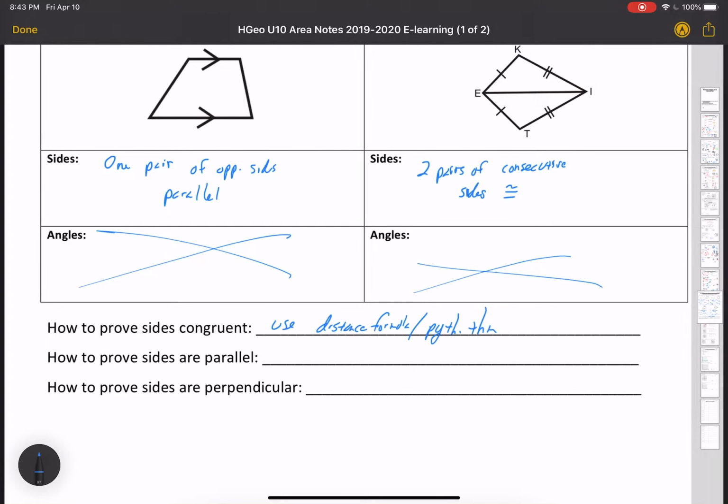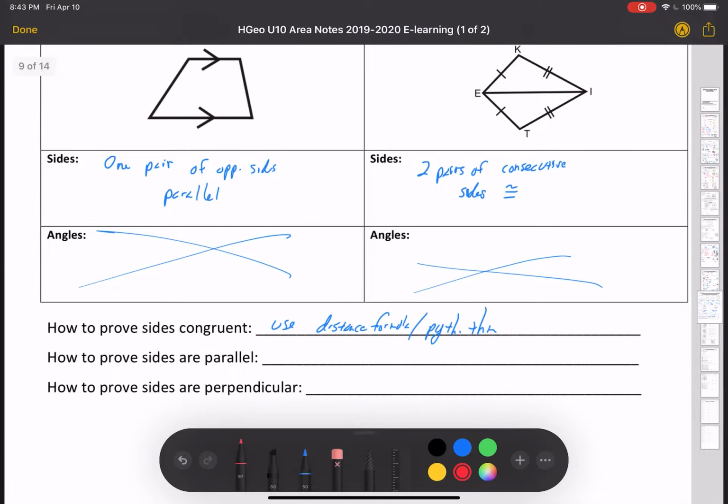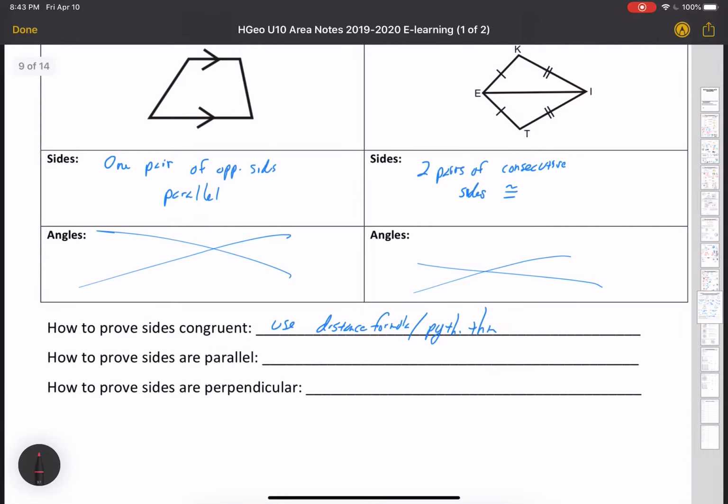To prove that sides are parallel, well, remember, if lines have the same slope, they are parallel. So we're looking for same slope. And remember, slope is rise over run. And it's going to be important. We need to know positives and negatives there as well.